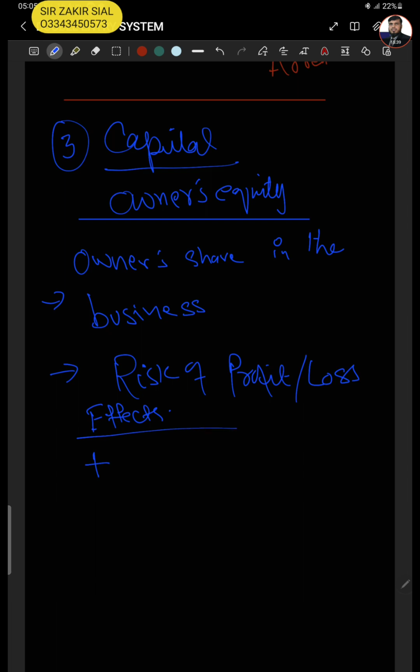If there is further investment, capital will be increased.